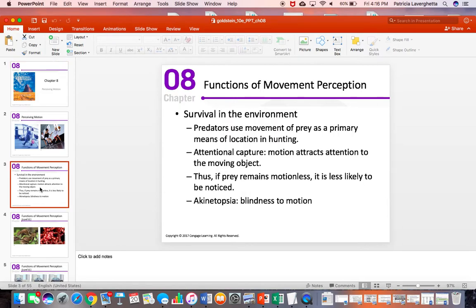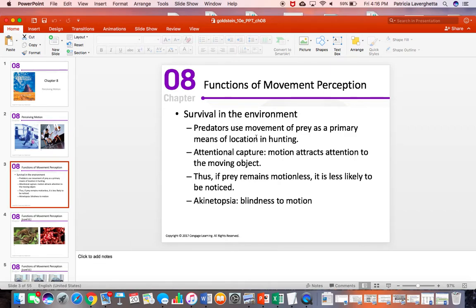Motion is very important for us. It's obviously of practical importance. It allows us to survive. If you think about predator versus prey, a predator uses movement to detect the prey.